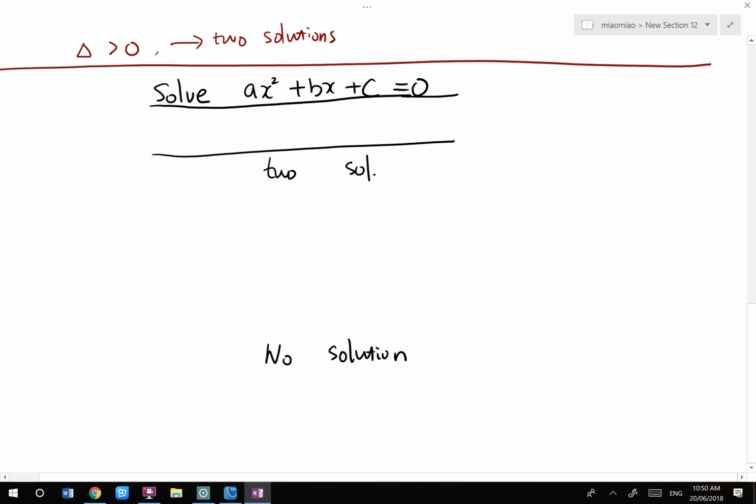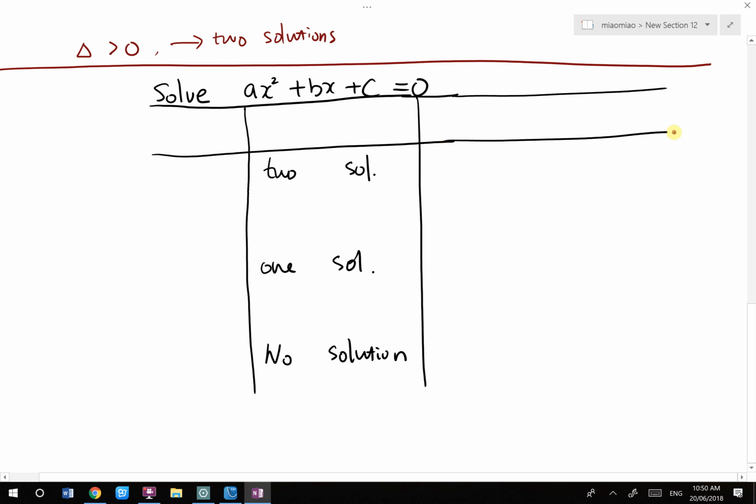So, two solutions, one solution, and no solution. Okay. After that, I have two methods to do that.